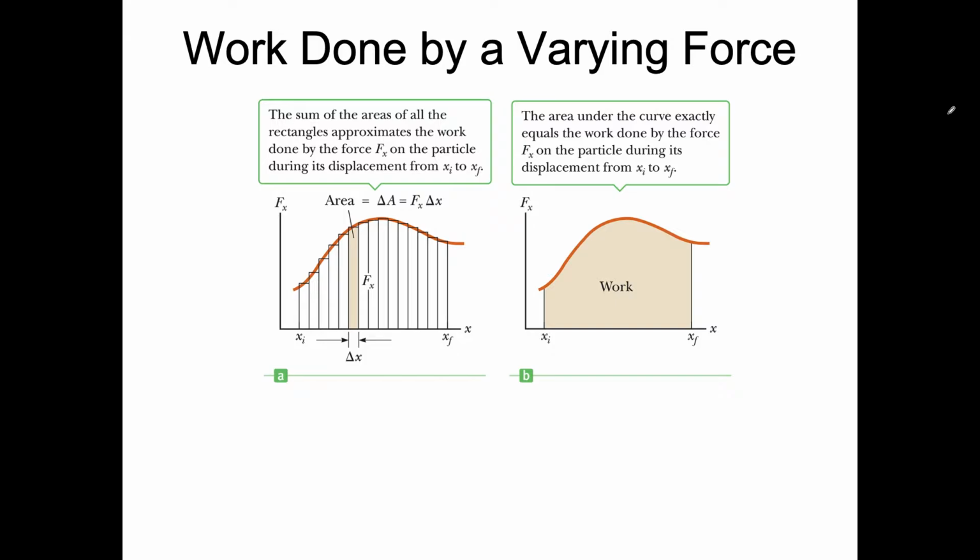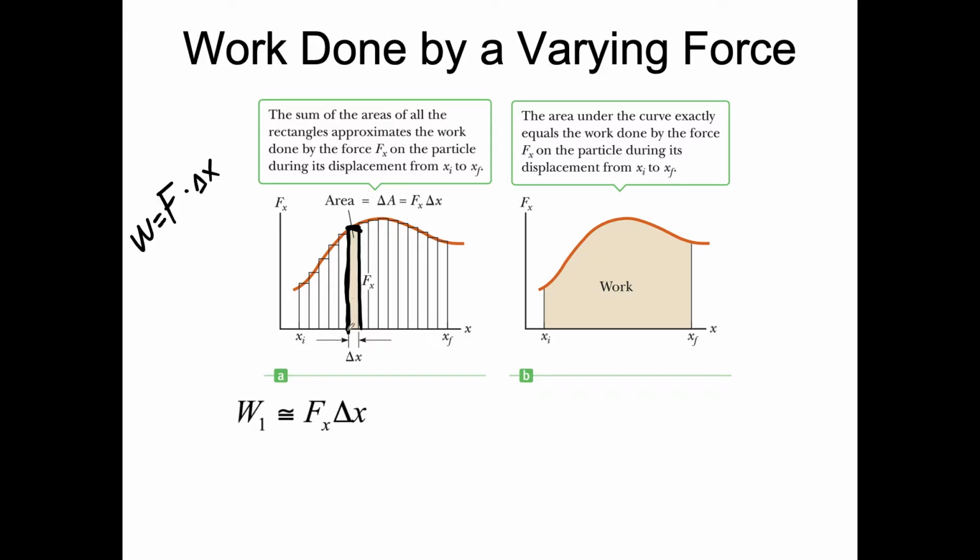More generally, we have just learned that if the force and the displacement are in the same direction, force times displacement gives us the work done by the force. So if we have a constant force Fx and the displacement is delta x, then the work done by the force is Fx delta x.